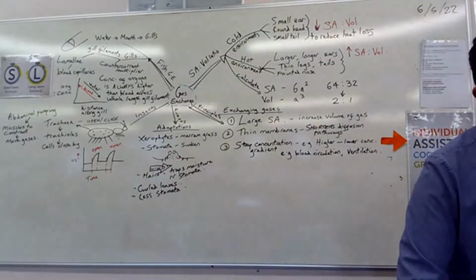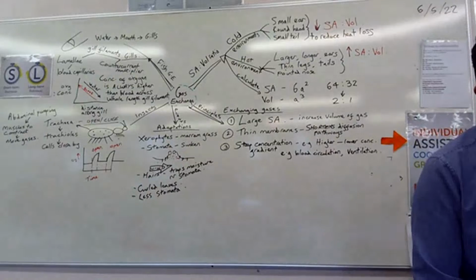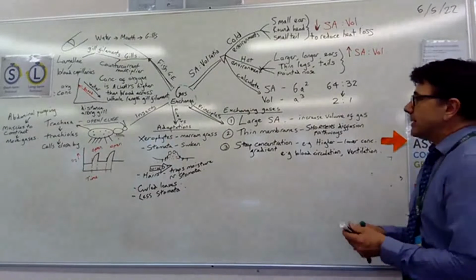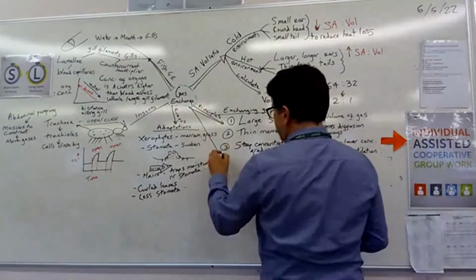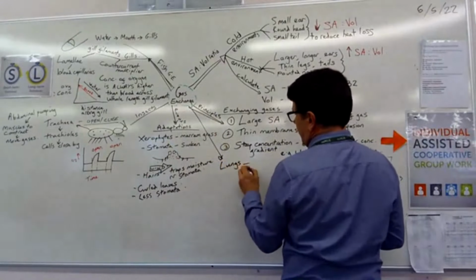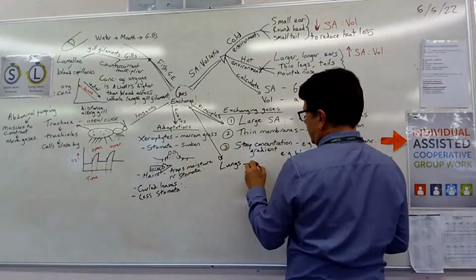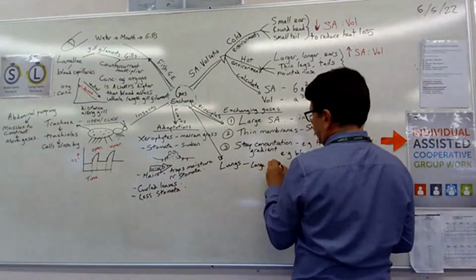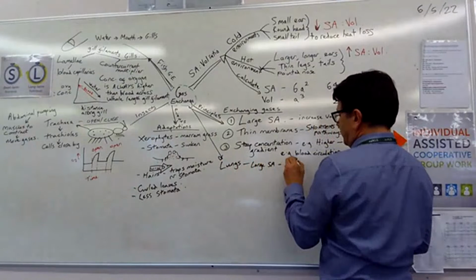Gas exchange as well is about haemoglobin, about the Bohr effect and things like that. I will just very briefly talk about human lungs. Human lungs are dead easy. What gives it a large surface area? Yeah, millions of alveoli.